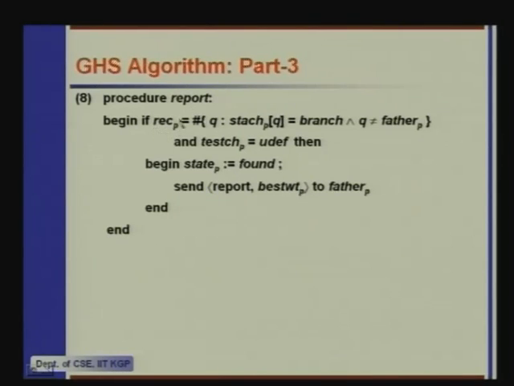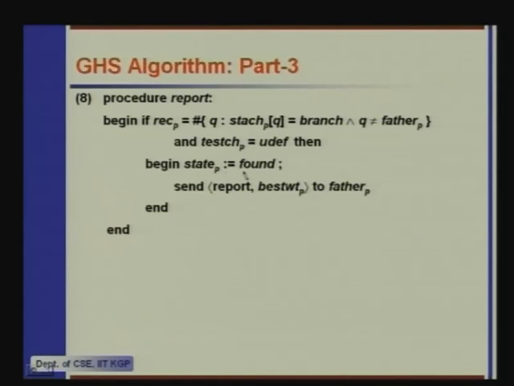It checks if the number of nodes Q, such that the status of Q is branch and Q is not equal to father P, has already sent that many report messages, and if test CH P is undefined, which means that its own local search has concluded. This is the indicator that its local search has concluded.